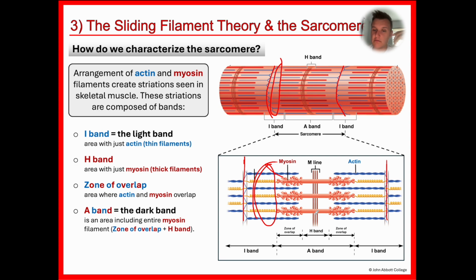I want you to know that the myosin fibers don't actually move in terms of position. They stay put. The little heads on top here will move. We'll see they kind of row, but it's really the actin fibers. Here's my myosin fiber. The actin fibers move on top of the myosin one. They pull inwards and outwards.